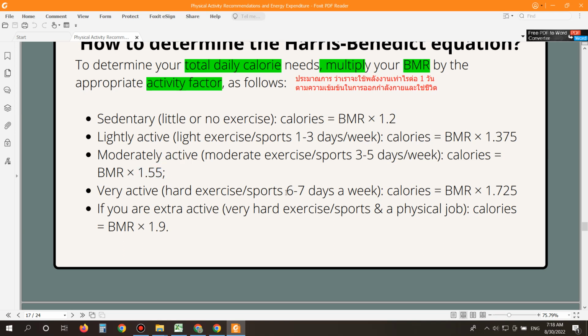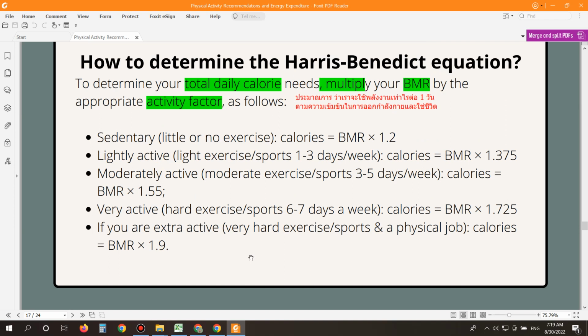If you play every day or 6 days, you use this one. Or if you have high intensity, you practice every day, a couple of times per day, you use this one. But for me, I use this one because I play only 5 days a week.